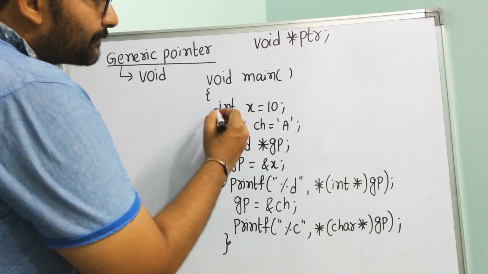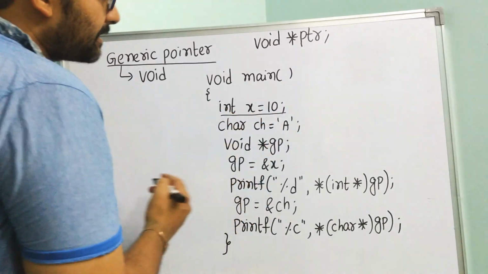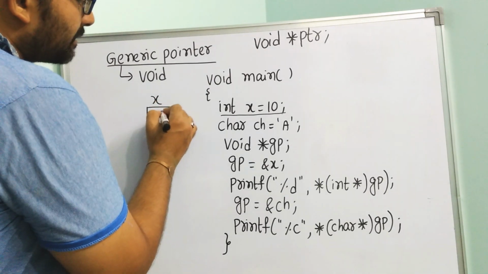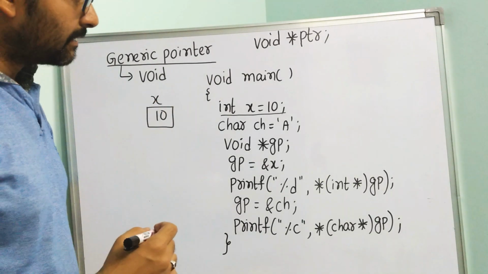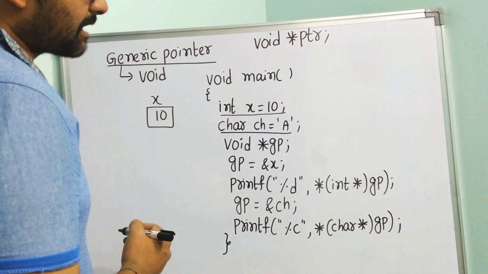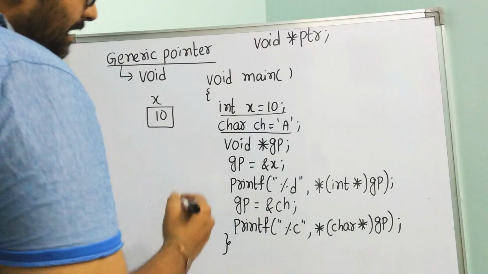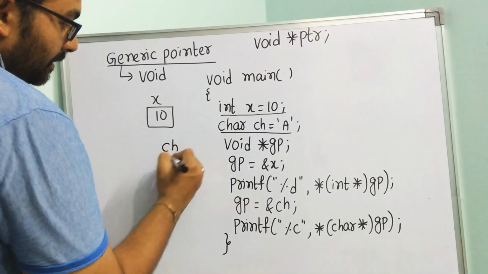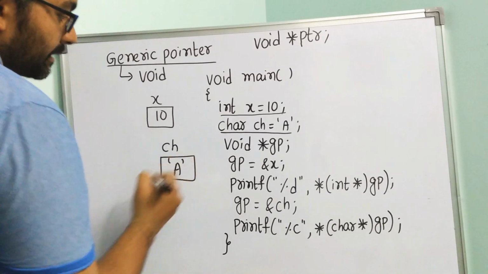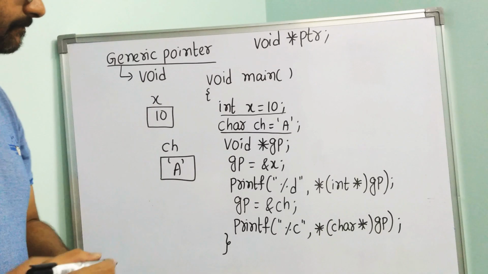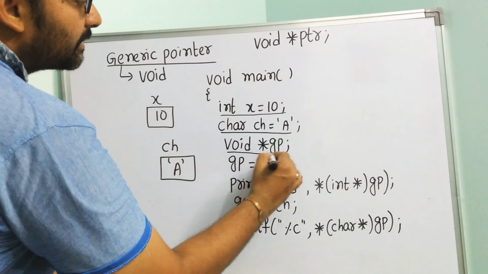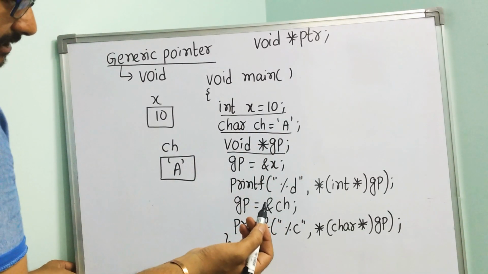See here, I have taken one integer data item which is x, whose value is currently 10, and we have another data item which is ch, a character data type, holding the data a. Now we have declared GP, which is a generic pointer.